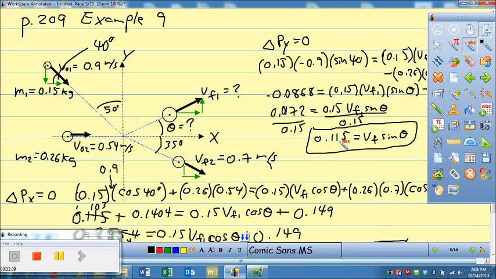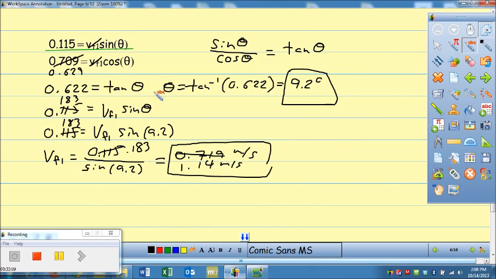Wait, same thing. I guess I wrote it wrong, but I put it in right. So we're still good. 0.0172 divided by 0.15 is 0.115. So that's correct.